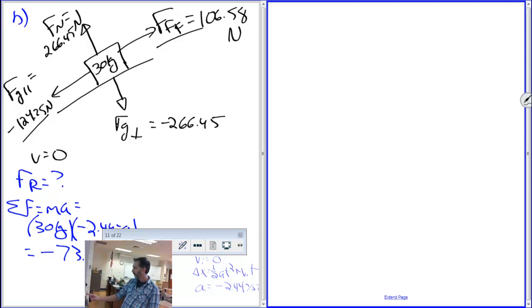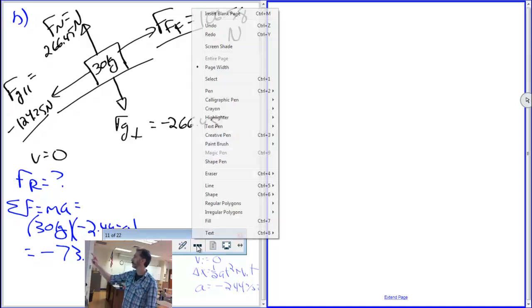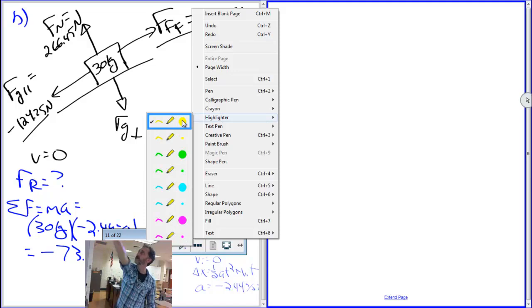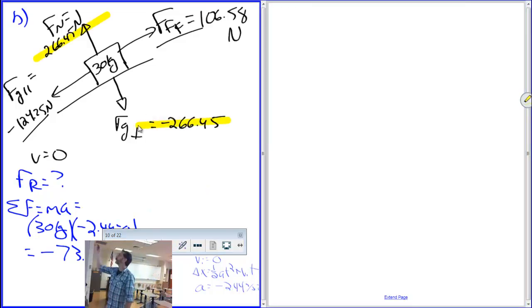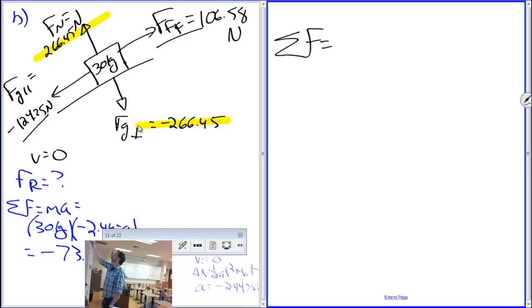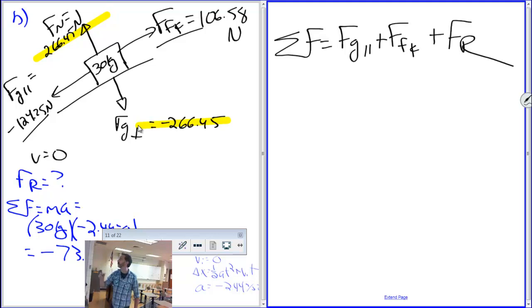Once again, these two cancel out. So my net force here is Fg parallel plus force of kinetic friction plus force of Roy.